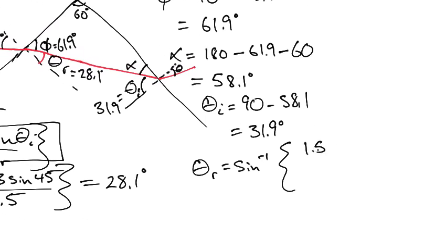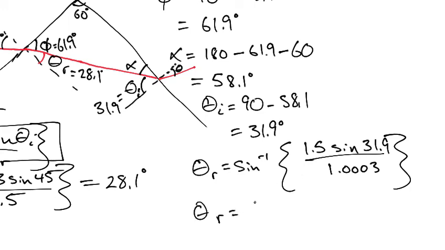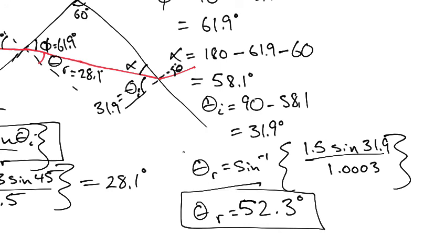So it's 1.5 sine 31.9 over the refracted material, which is air again, so 1.0003. And if we plug that through, we're going to get a theta r of 52.3 degrees. And that's our final answer, and that's what this angle is right there.